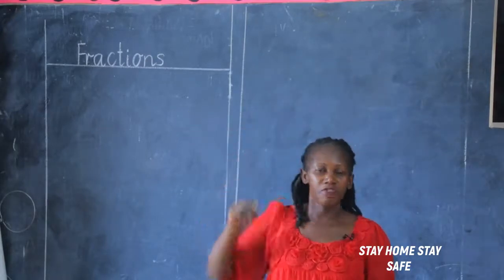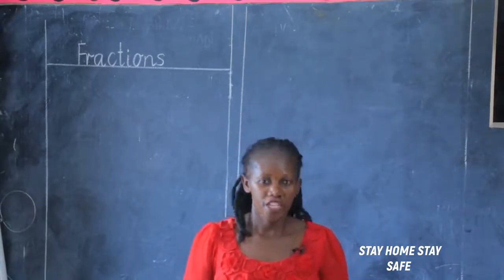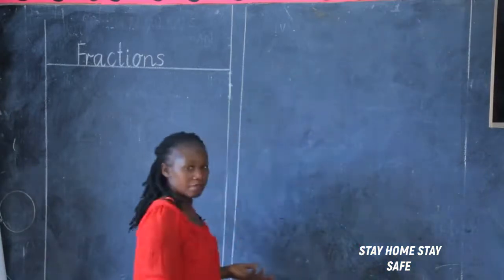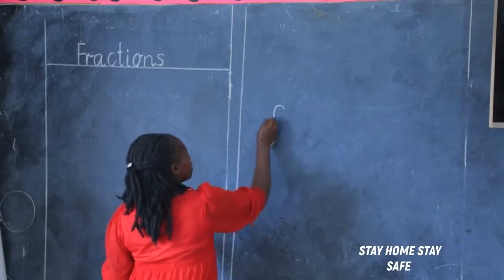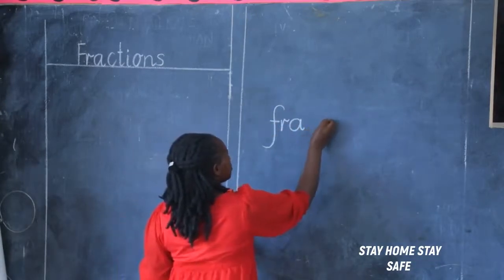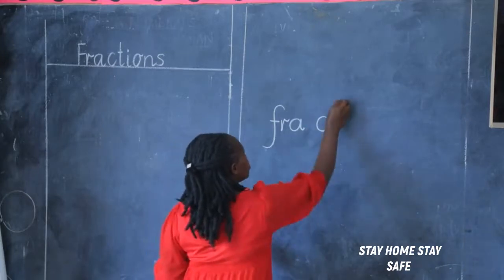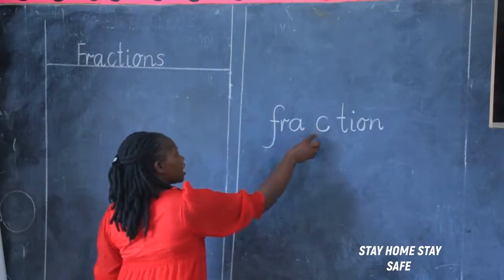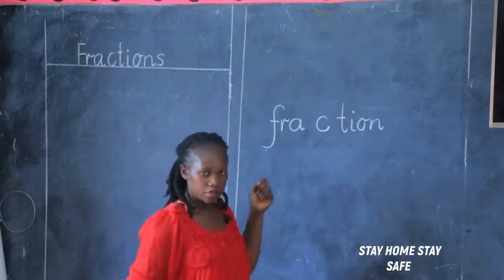Now I've come with fractions. Say fractions. If I want to read that word, I can blend. I start with the sounds, then shin. Fraction.